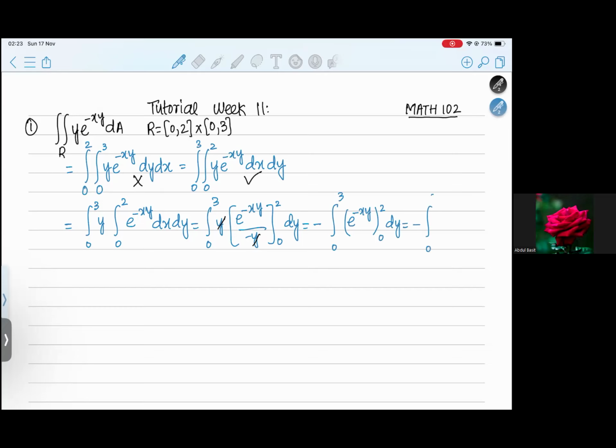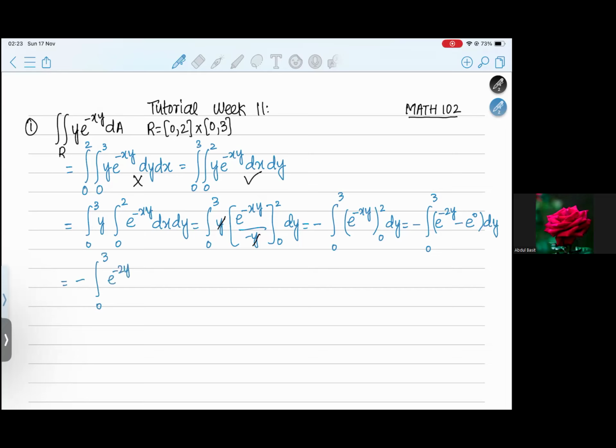Okay, so the integral becomes negative times: if I plug in x equal to 2, the integral becomes e to the power minus 2y. And if I plug in x equal to 0, e to the power 0 is 1.